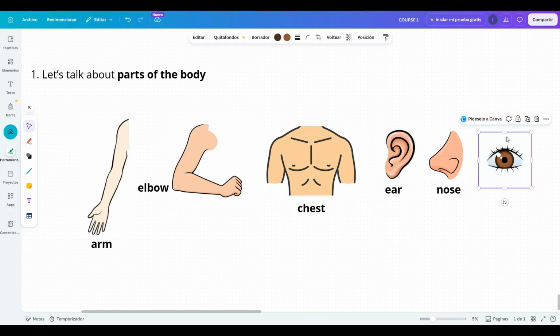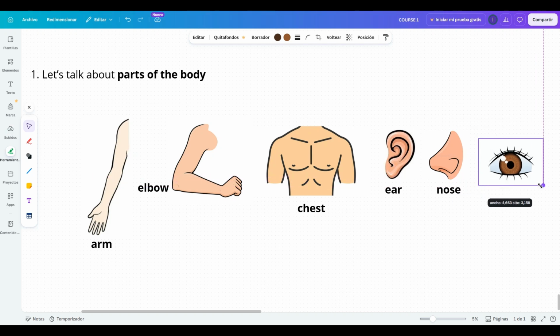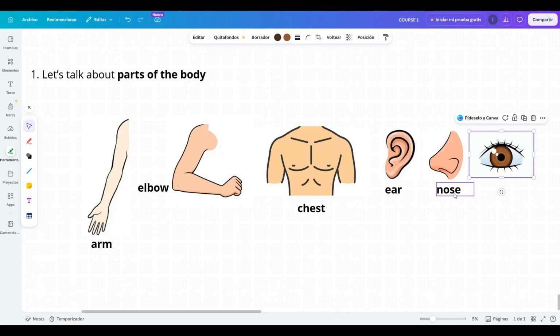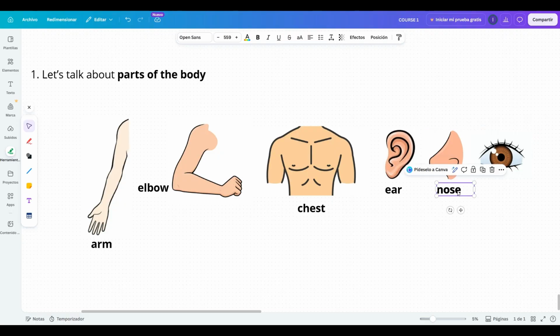Attention, please. Next part of the face. An eye. Correct? We've got two eyes, right? Eye, nose, ear, chest, elbow, arm. Correct. More, please.